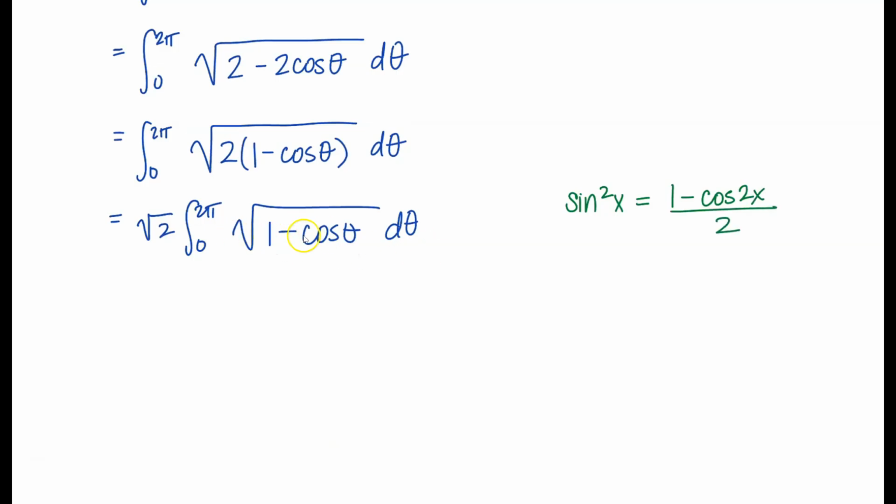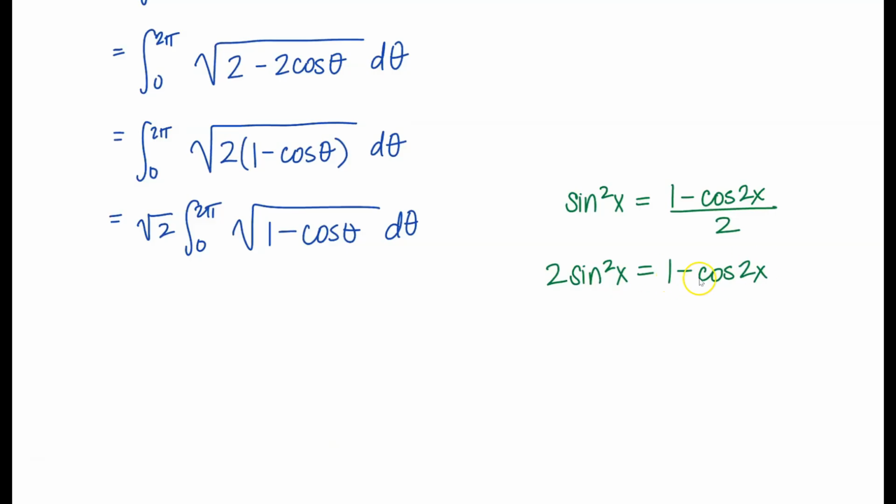So I have 1 minus cosine theta. So it's similar, but not quite the same thing. So here's what I'm going to do. I'm going to multiply the 2 to the other side here. So I know this equation is true. So whatever I do to one side, I can do to the other. So how about I multiply by 2, so I know 2 sine squared x is equal to 1 minus cosine of 2x.